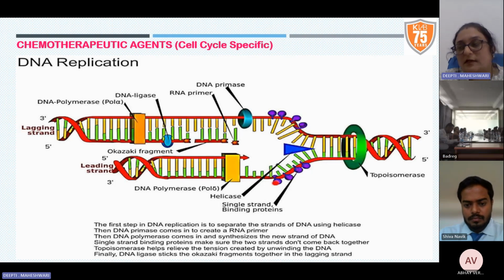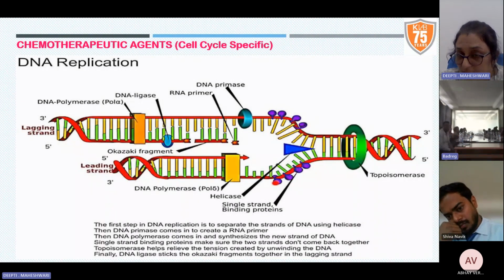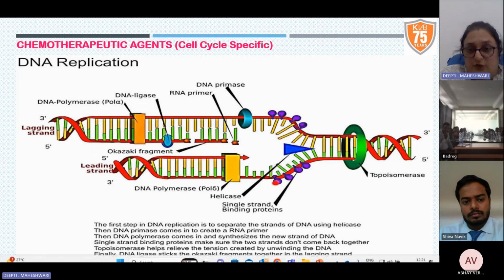It basically causes a cut in the DNA strand, a single cut or a double cut, okay, because of which the tension is released, and then the DNA can uncoil and coil itself. And after it gives a cut, the DNA strand uncoils itself, but again it has to coil back, so it helps in joining the DNA strands also. So this is how the topoisomerase enzyme actually acts, and it acts on the G2 phase.